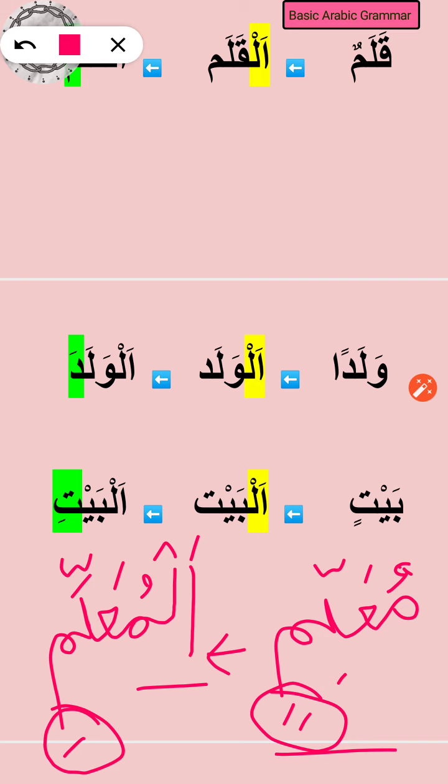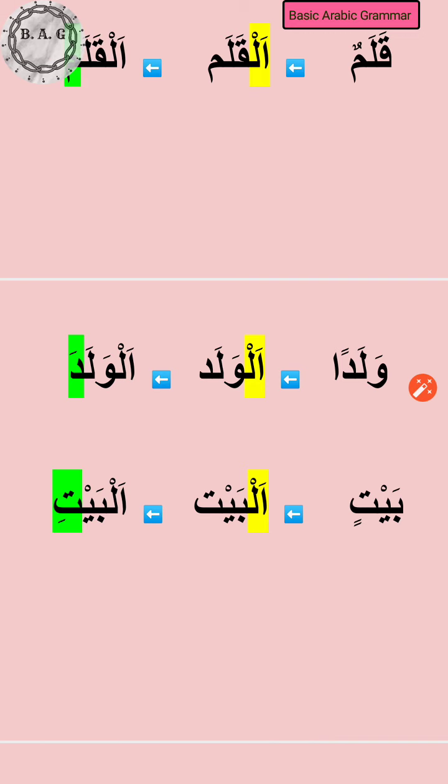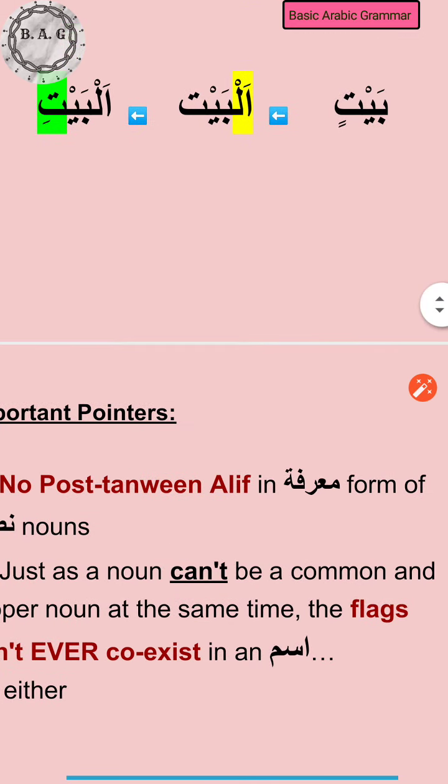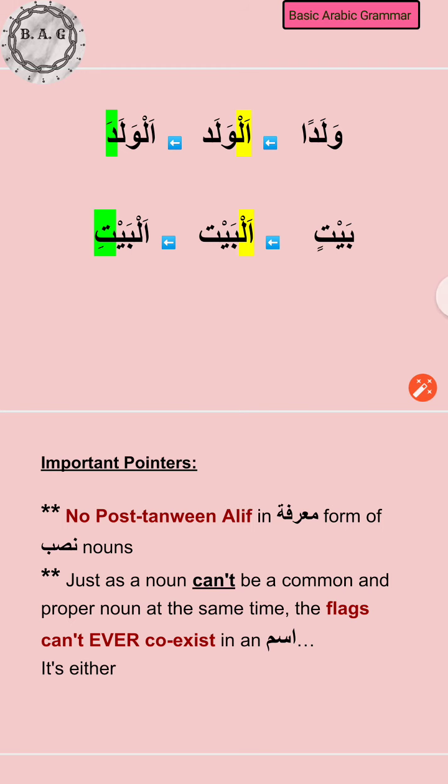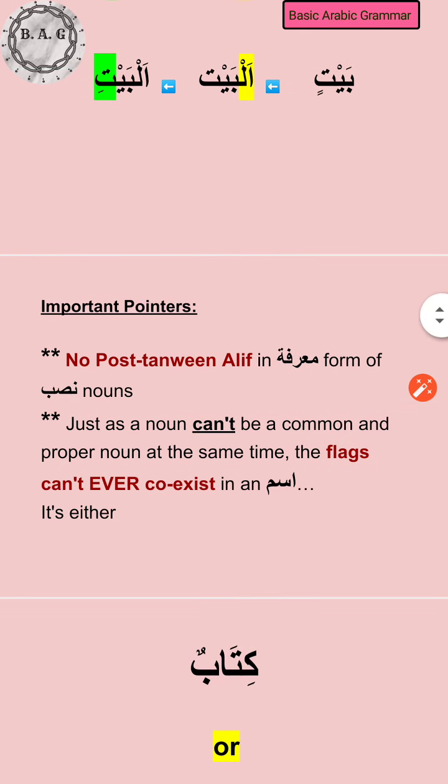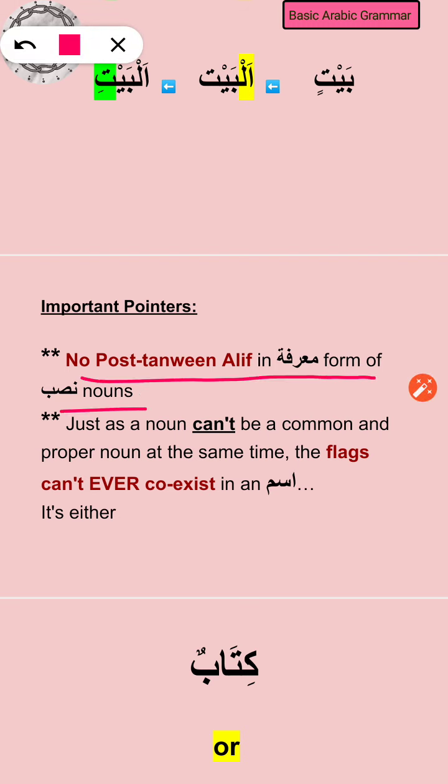So let's see what we have next. Some important pointers. First of all, no post tanween alif in the marfa form, in nasab nouns. We covered it when we did the example of waladan.